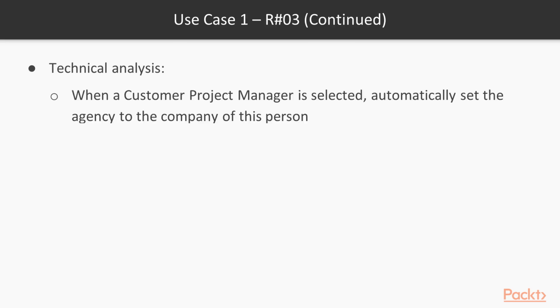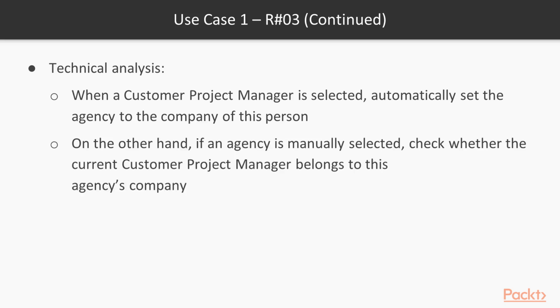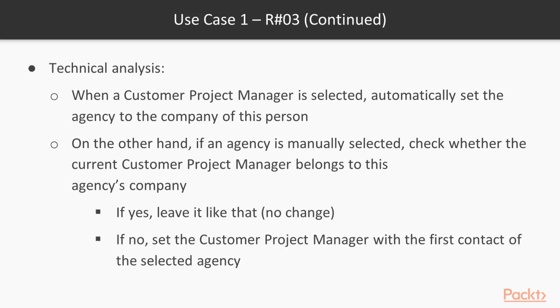When a customer project manager is selected, automatically set the agency to the company of this person. On the other hand, if an agency is manually selected, check whether the current customer project manager belongs to this agency's company. If yes, leave it like that. If no, set the customer project manager with the first contact of the selected agency.